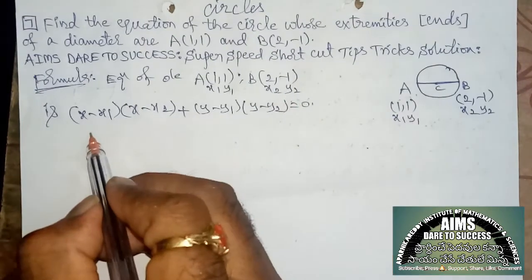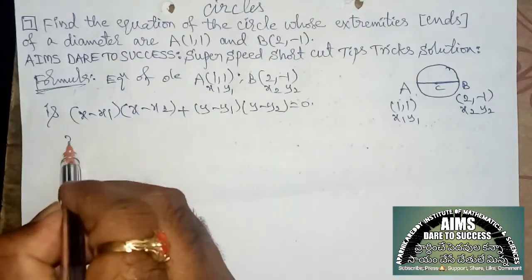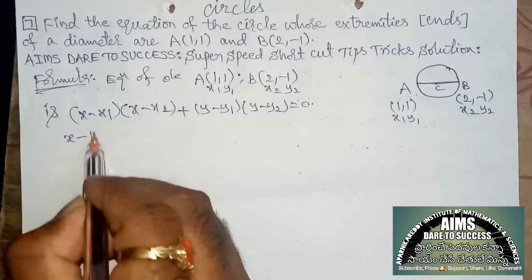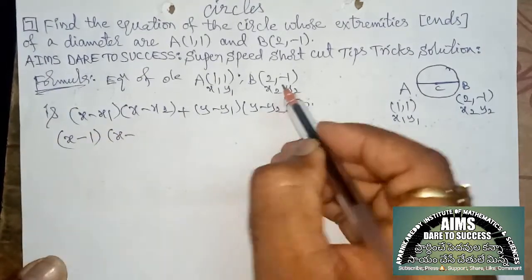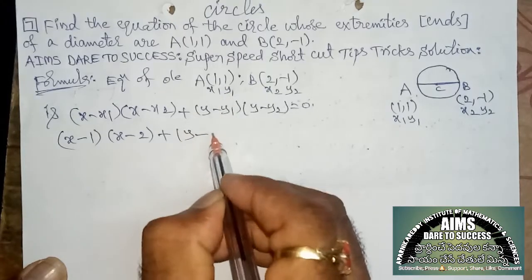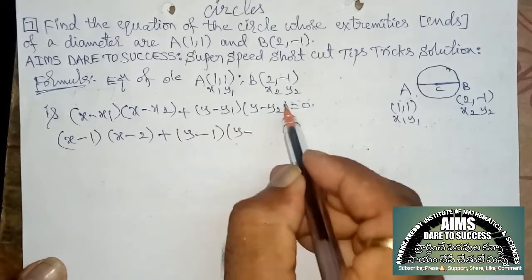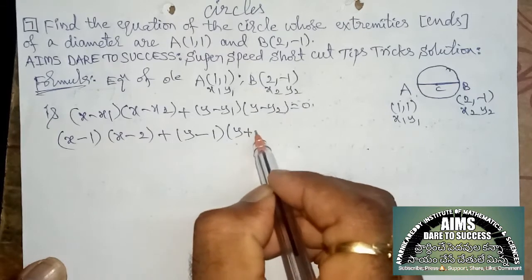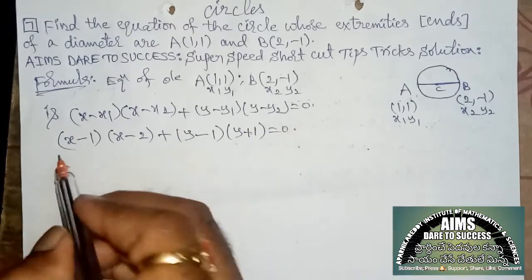Now you can substitute and simplify. We get (x - 1)(x - 2) + (y - 1)(y + 1), since y2 value is minus 1, so minus of minus is plus 1, is equal to 0.